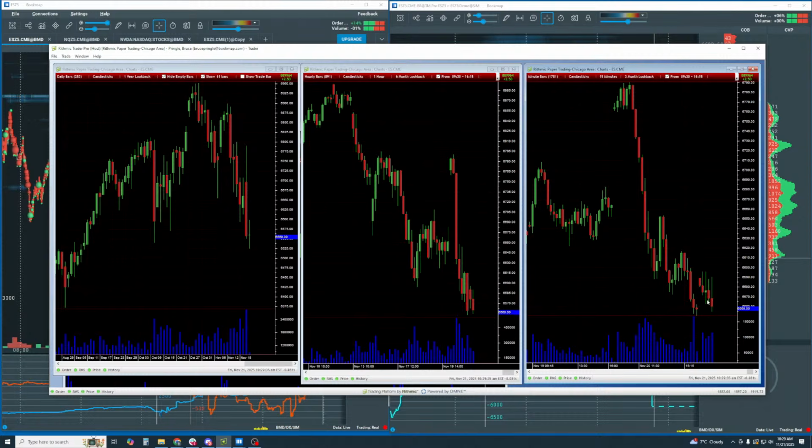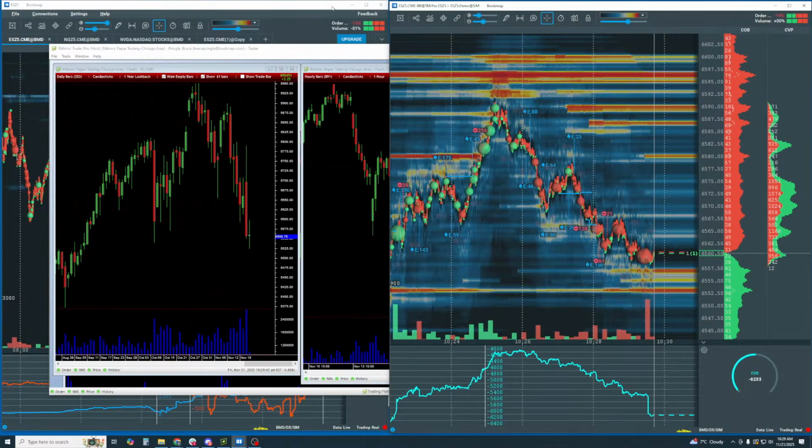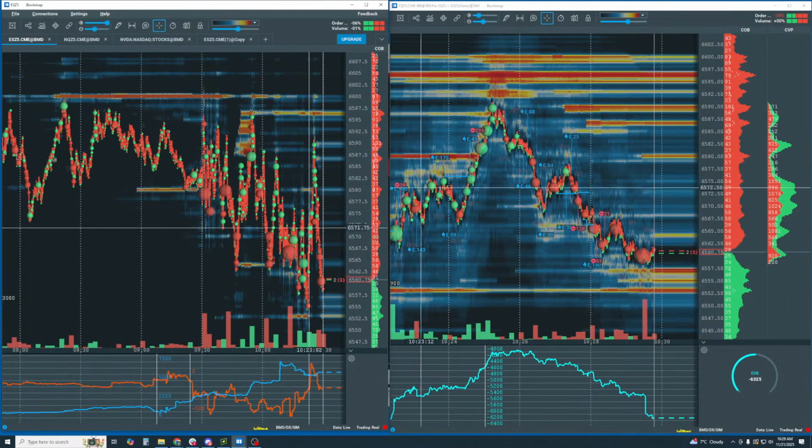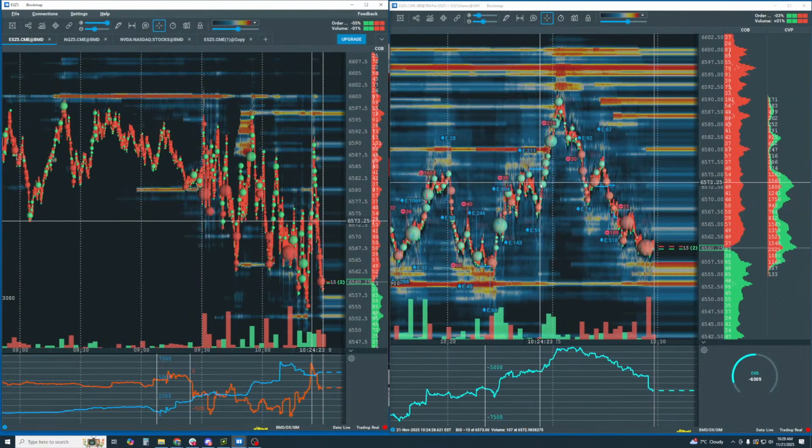So I want to see that passive buying getting filled in these areas down in here. Okay, a lot of it. That's what we're looking for, and I don't really see that right now.